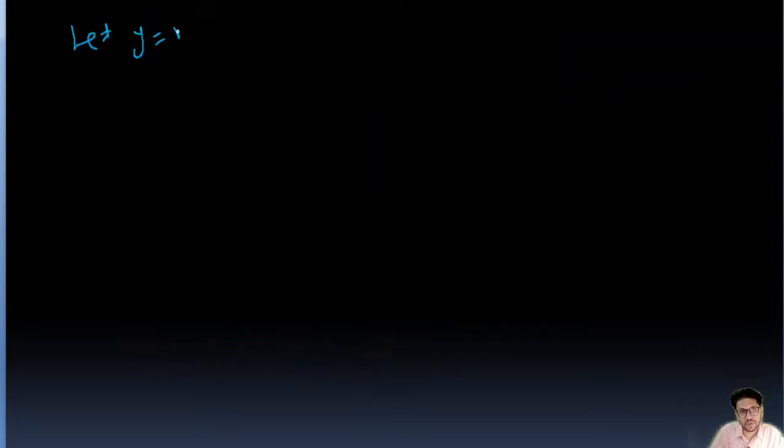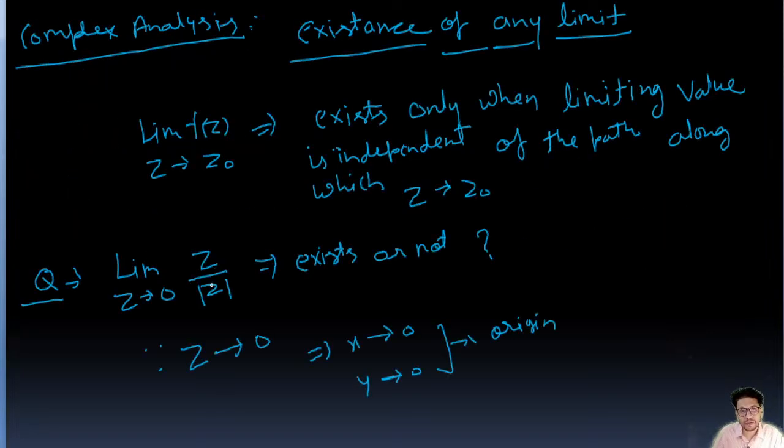Okay, so now we'll let, a very important step, y equal to mx. We'll put y equal to mx. So now we'll put the value. This is going to be limit x tends to 0, y tends to 0 of z upon mod z.